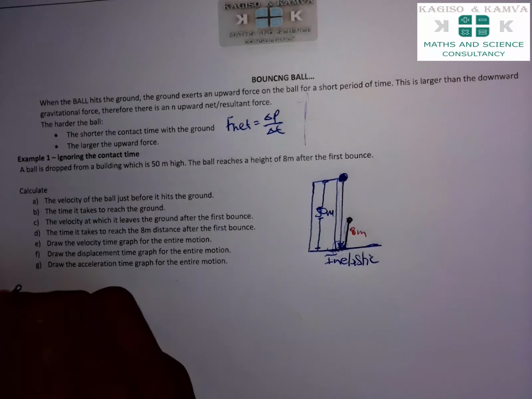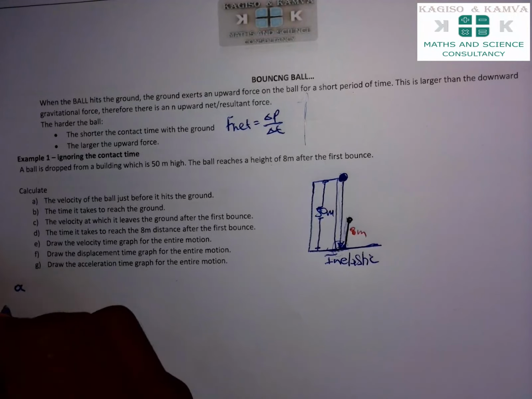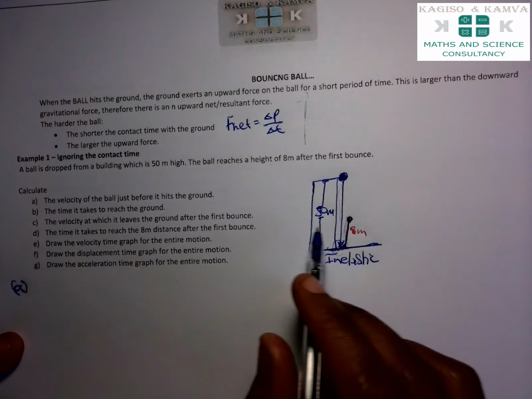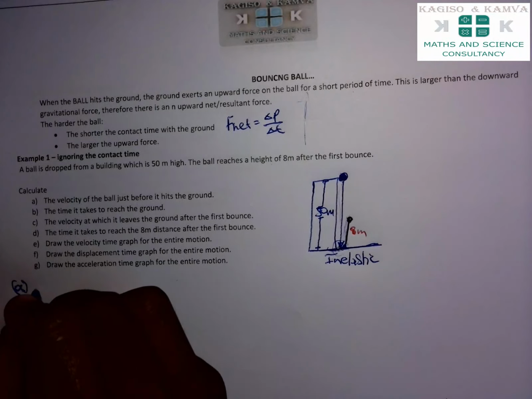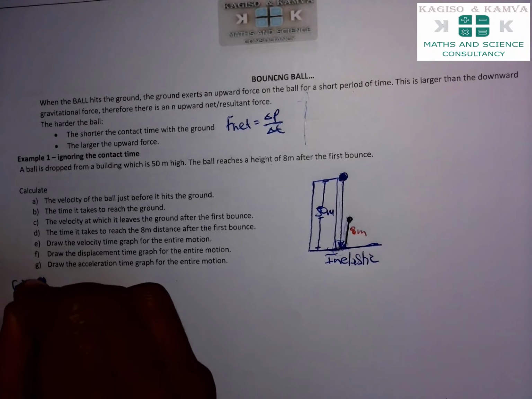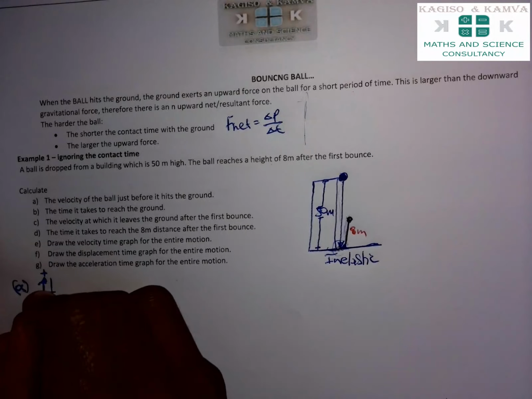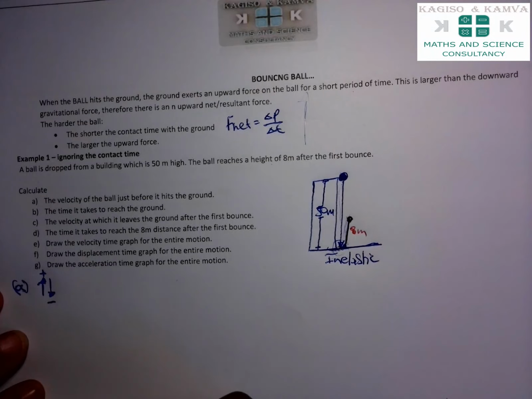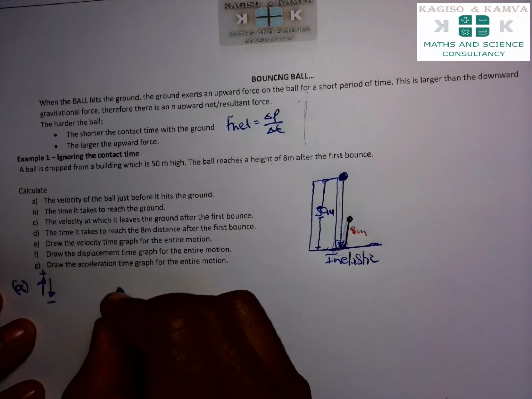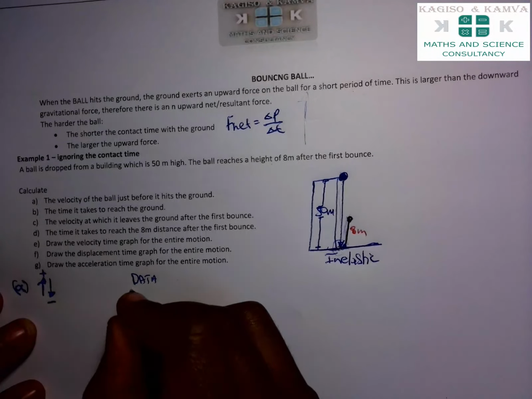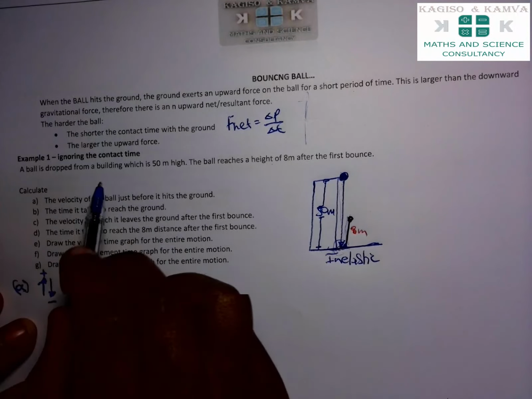Now let us do A here. Before we start to attempt questions with vertical projectile motions, we must indicate the directions. So I'm going to take upward to be positive and downward to be negative. Okay, so collecting my data, the ball was dropped.